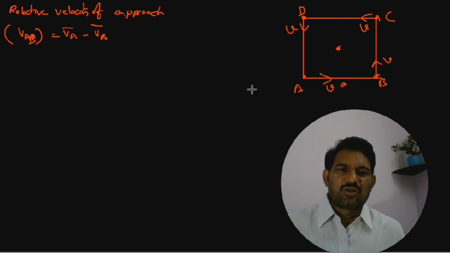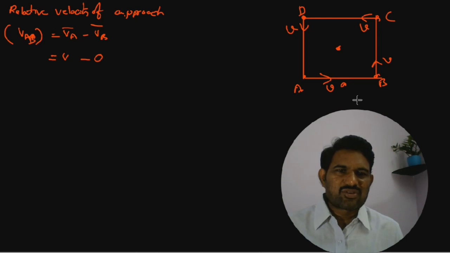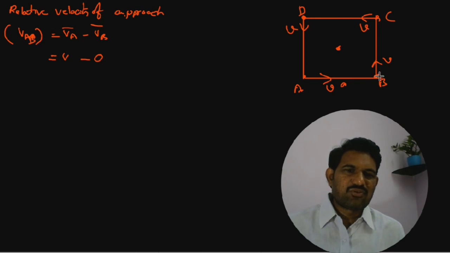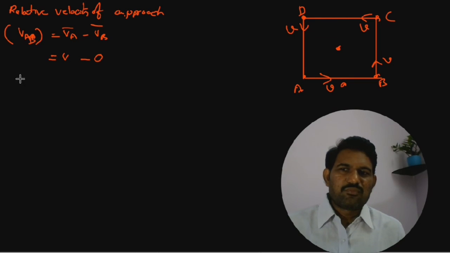Now the VA value is V, and the VB value along this direction is 0. Velocity of B is perpendicular to AB, so its component along the AB line is 0. Therefore the particles A and B are approaching with the velocity V itself.